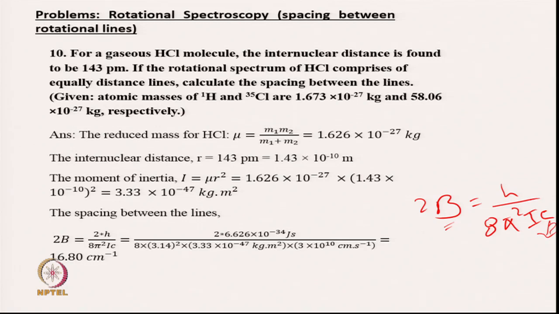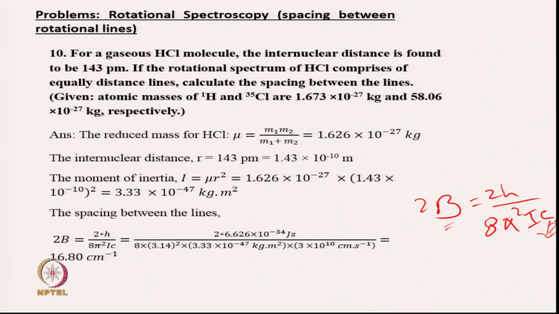When you are expressing B in terms of Hertz, there will be no C, but if you are expressing B in terms of centimeter inverse, then you need to write h over 8 pi square IC. So, 2B will be 2h divided by 8 pi square IC.